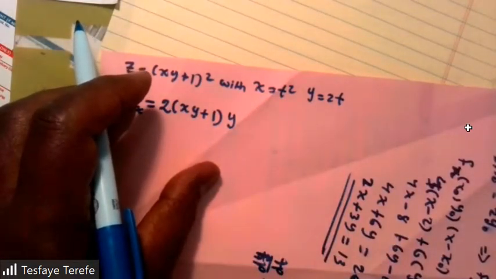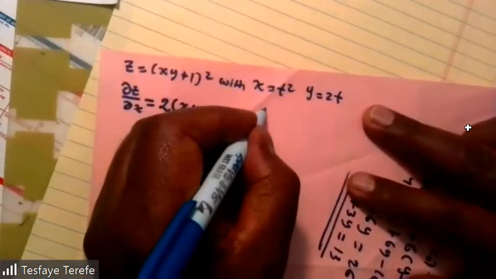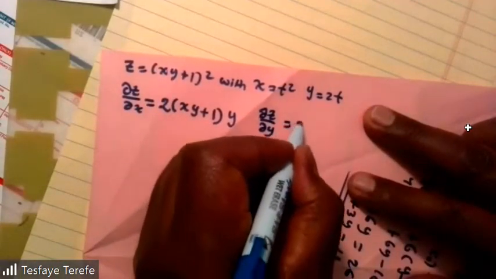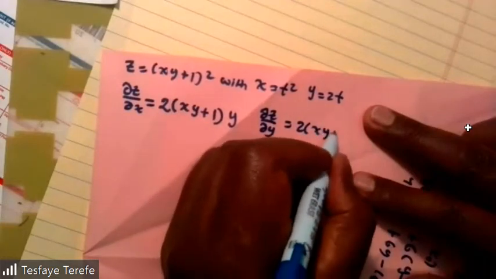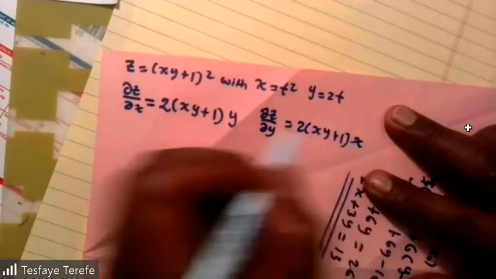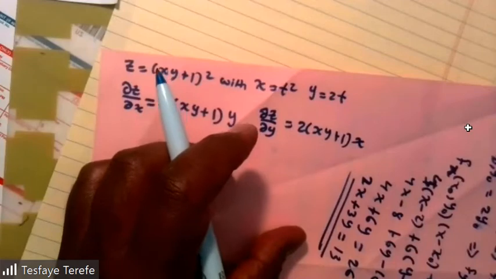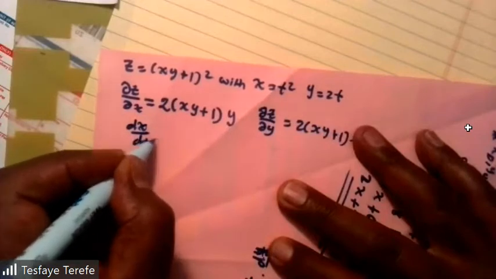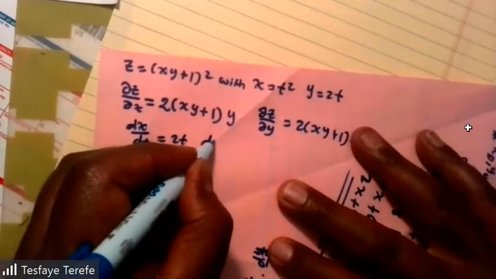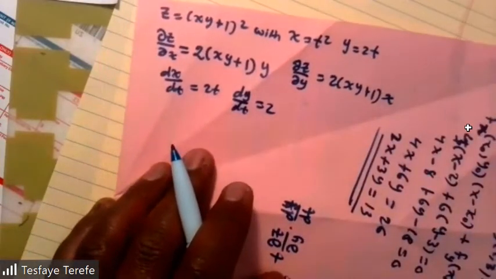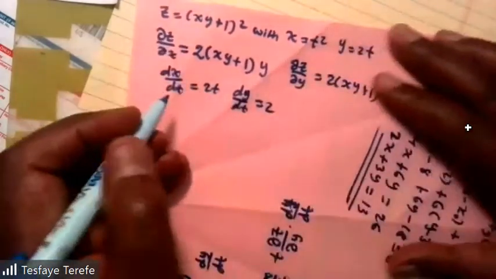Once we have done this, we can do similarly for ∂z/∂y, and it will be 2 times (xy plus 1), and the derivative of xy with respect to y is simply x. Okay, we have this. And then let us find the derivative dx/dt, which is 2t, and dy/dt equals 2.